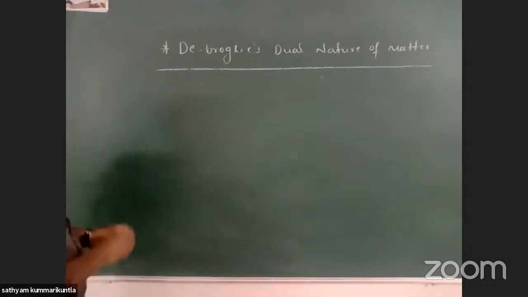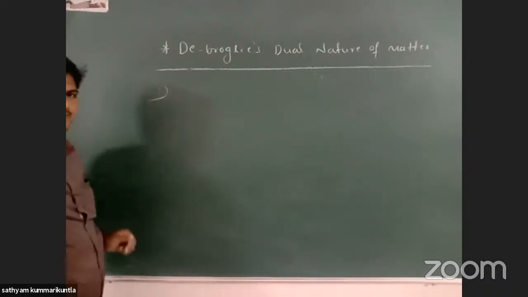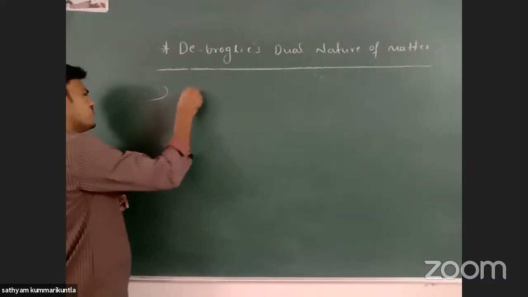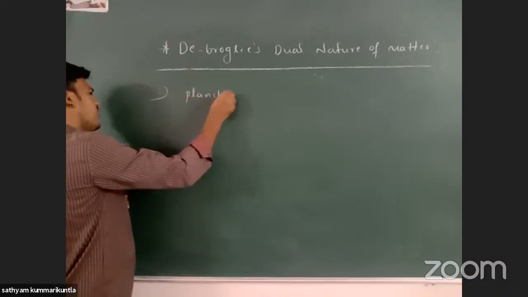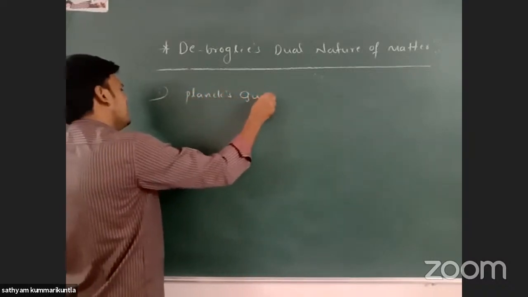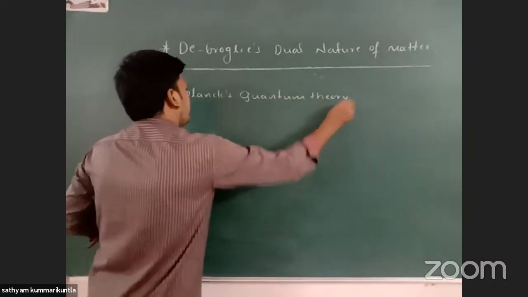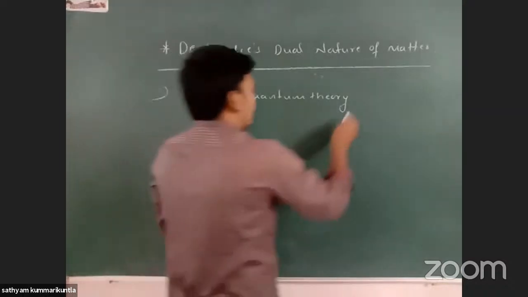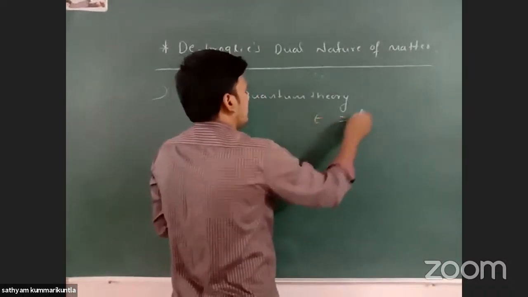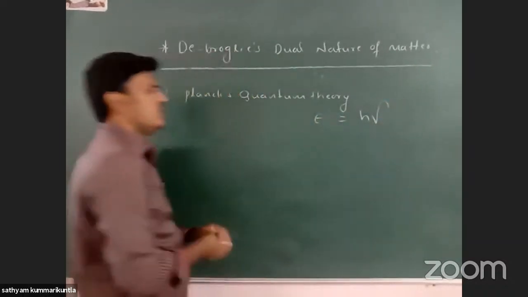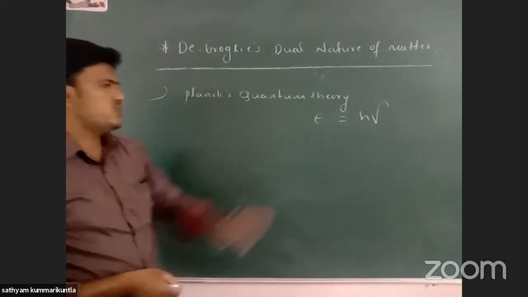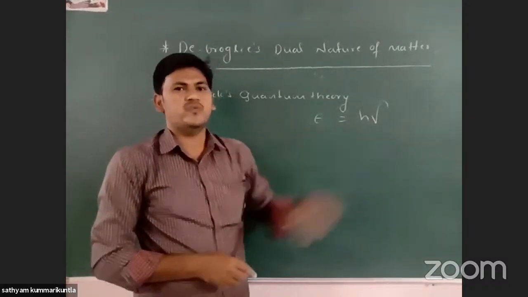First of all, according to Planck's quantum theory, the total energy E is equal to h nu, where h is Planck's constant and nu is frequency.